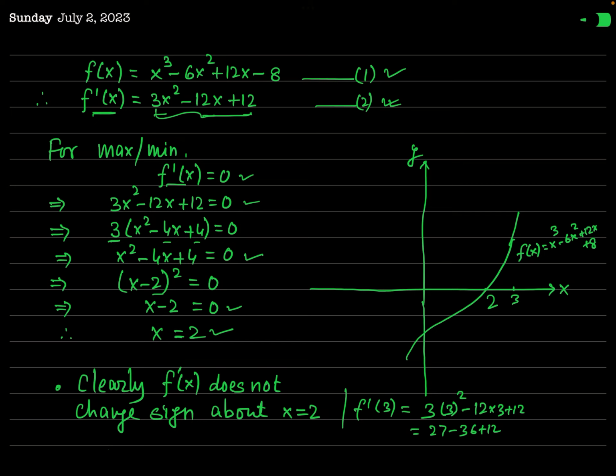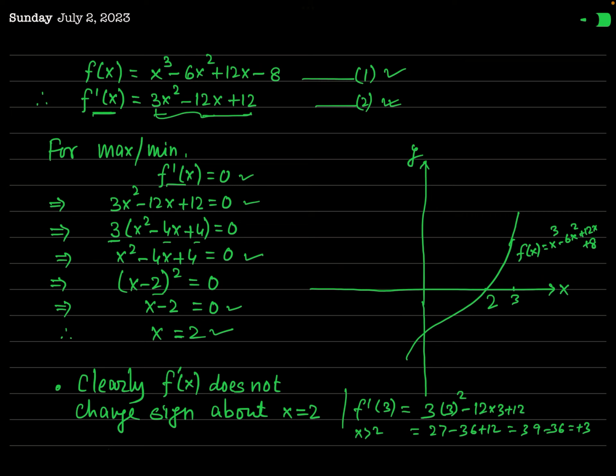Now, what will be the result? You can see here 27 plus 12, this will be 39, minus 36, this will be plus 3. It means f dash of x is positive when we take x greater than 2.